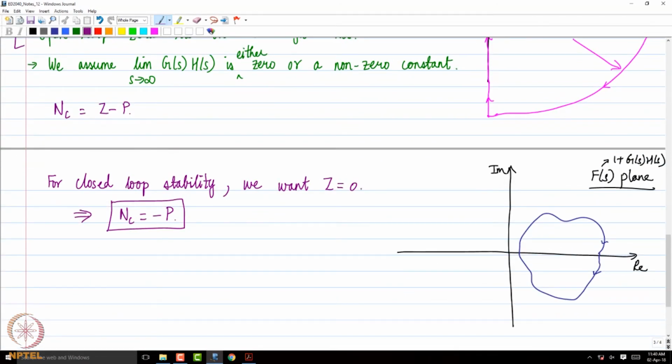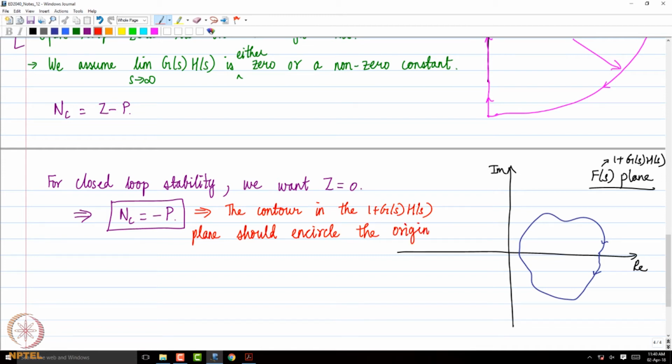So what does this say? This essentially tells us that for closed loop stability, the contour in the 1 plus g of s h of s plane should encircle the origin P times in the counterclockwise direction.